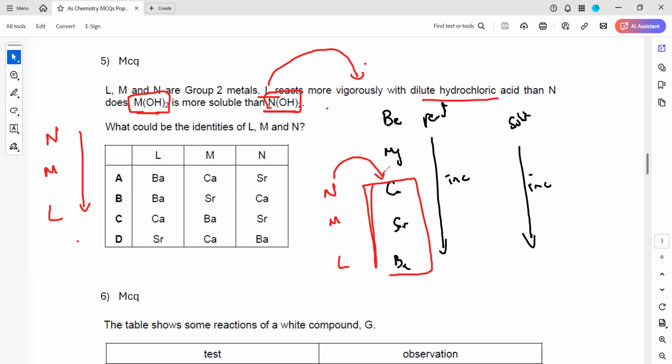N should be calcium. What is M here? M should be strontium. And what is L here? L should be barium. Which one does it match with? It matches with option B. Is this one clear? Because as we go down the group, the reactivity increases and the solubility also increases down the group.